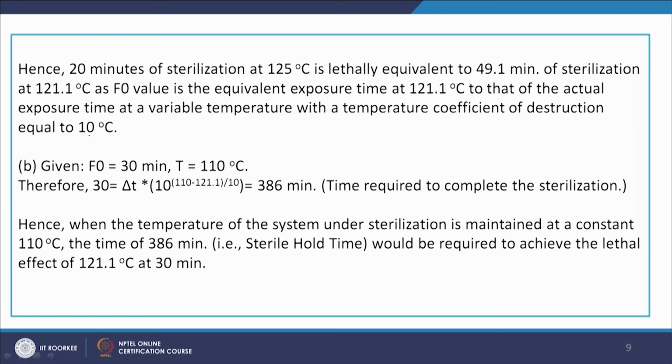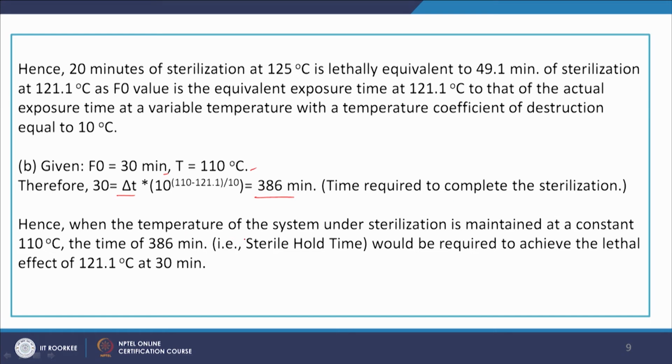Now, for part 2, part B, given FO equal to 30 minutes, T is equal to 110 degree centigrade. Now, we have to calculate the value of del T. So, here for 110, using the same formula, we will be getting 386 minutes. So, the time required to complete the sterilization is 386 minutes.